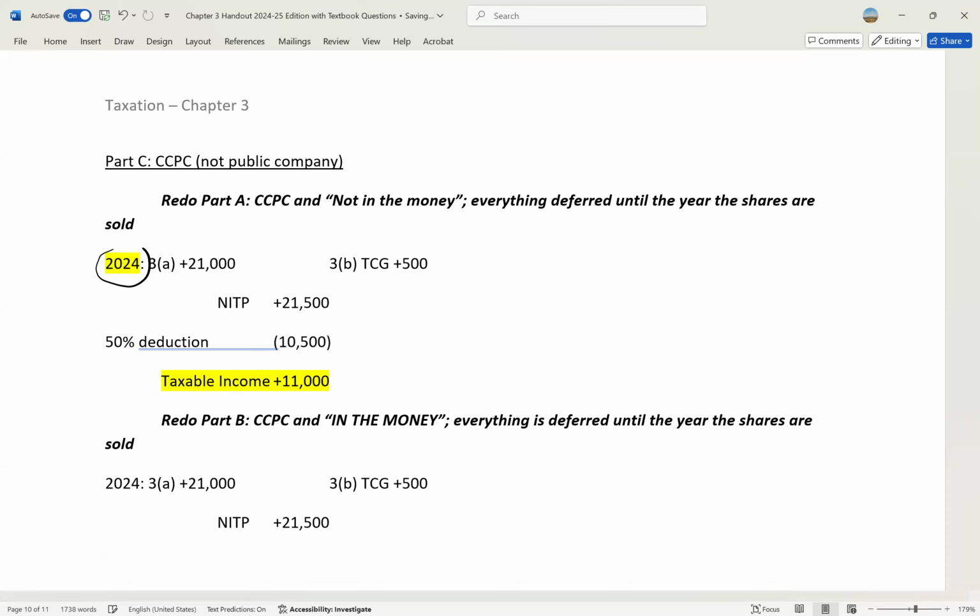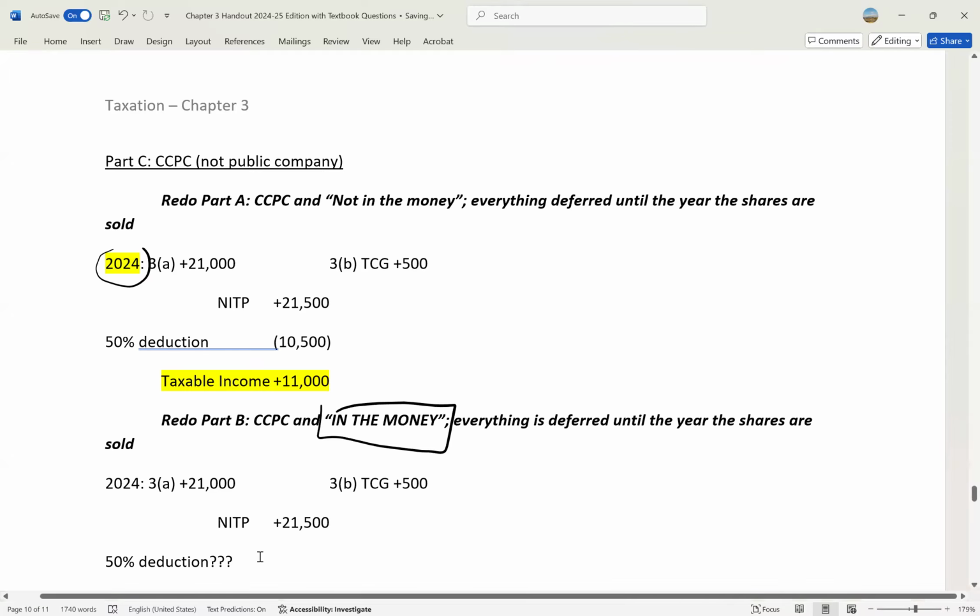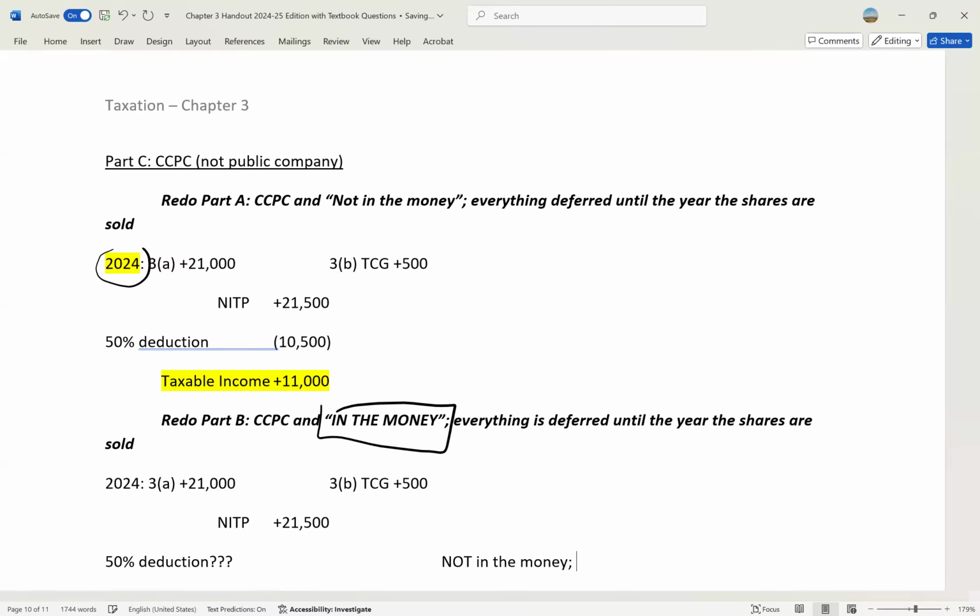But remember we said there's two ways to qualify for that 50% deduction. The first way is the option was issued not in the money. This one is issued in the money, so does not qualify for the 50% deduction. So in order to get the 50% deduction: not in the money, or if it's a CCPC, held shares for 2 years minimum.